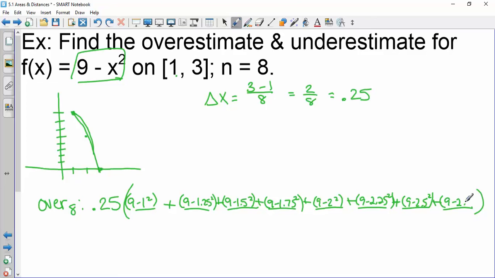And 9 minus 2.75 squared. Do you guys all see where I'm getting these?